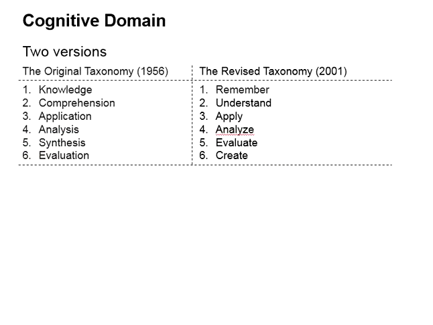Both versions of Bloom's taxonomy have 6 levels. In the revised version, they revise the terminology and swap between the 5 and 6, making the evaluation level 5 and synthesis level 6.